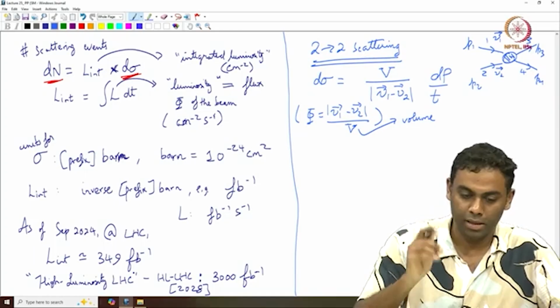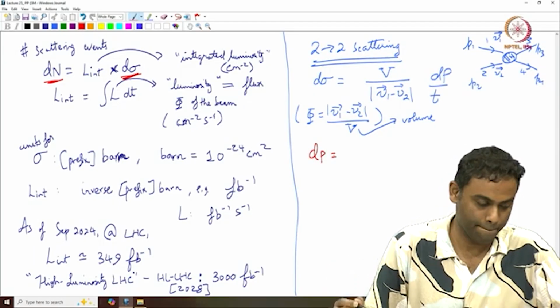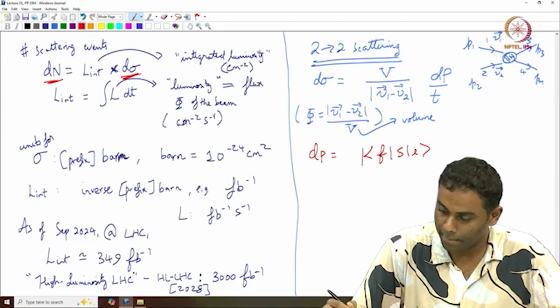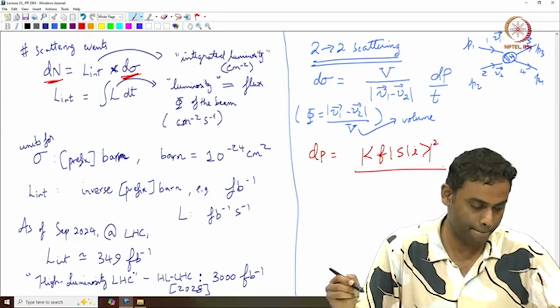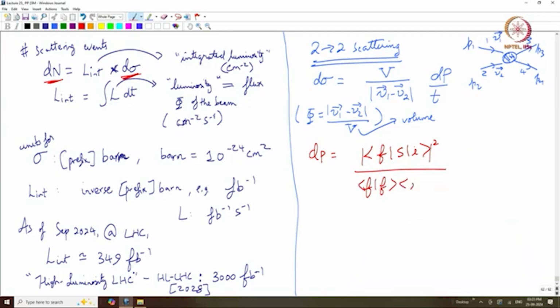I'm going to claim that that probability is, I'll write down the quantity and then we'll see what it is, that times this quantity. So what does this stand for?